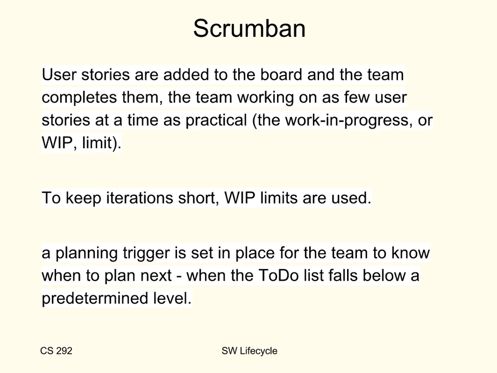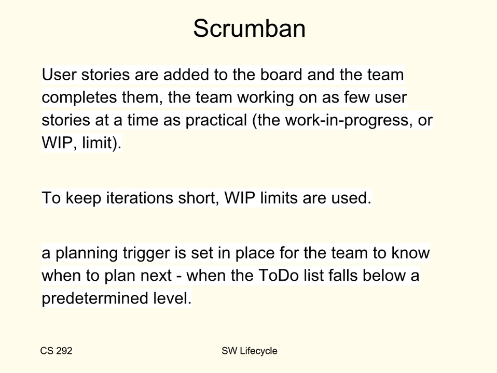The team completes them, the team working on as few user stories at a time as practical, which is known as the work in progress or WIP limit. This is the capacity of the team at any given point in time. And so to keep iterations short, WIP limits are used. And then a planning trigger is set in place for the team to know when to plan next.